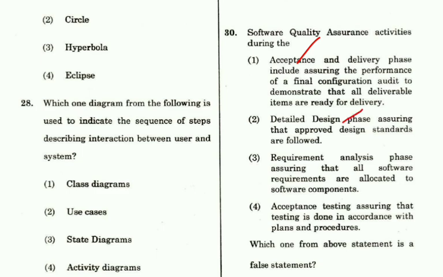And the requirement analysis phase maps needs to software components, and acceptance testing follows test plans. So all the statements are valid activities of software quality assurance. All the statements are true, so none of them are false. Next one.